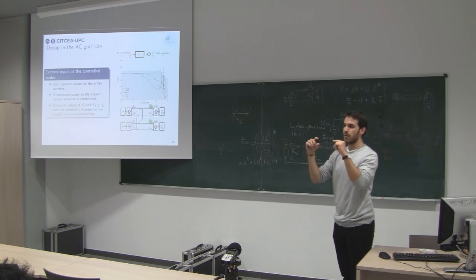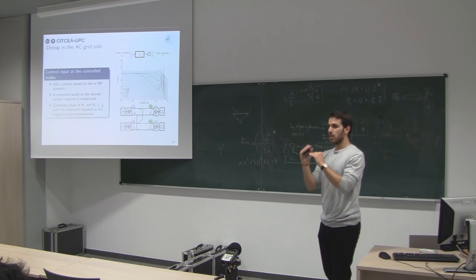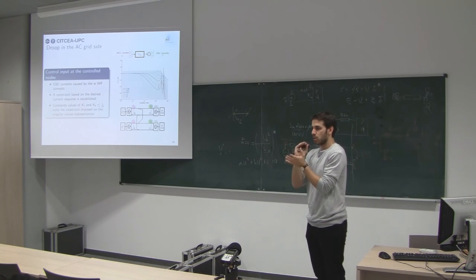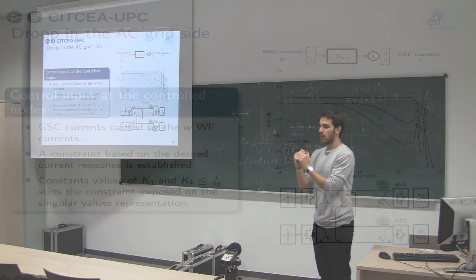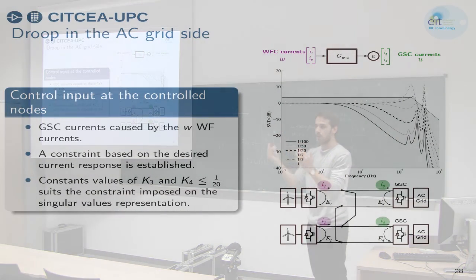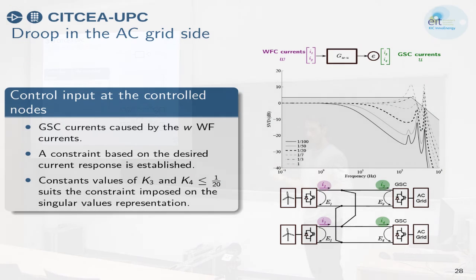Okay, we have a margin for that because the converters always have a bit of margin, or they are underrated, but you cannot exceed the converter rating 2 times, as for example in synchronous machines or stuff like that. Okay, so that's what we defined, and basically it is exactly the same procedure as before.